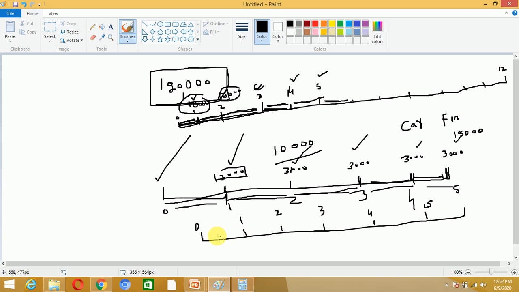So we are not making payment here at the end. We are making payment at the beginning. First payment at the beginning of the first year, second payment at the beginning of the second year, third payment at the beginning of the third year, fourth payment at the beginning of the fourth year, and fifth payment at the beginning of the fifth year.